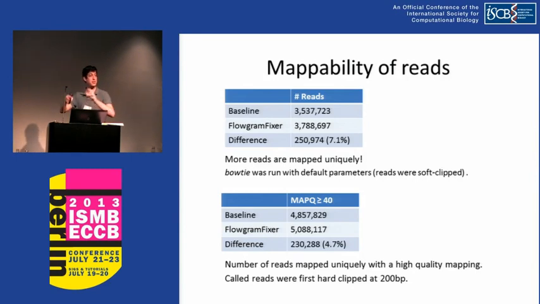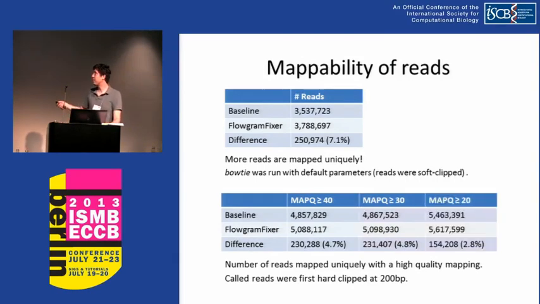At the beginning, it's really easy to call, so this should be an easier problem. And here as well, we have almost 250,000 more reads, even though both methods succeed with more reads. So it's only a 5% improvement with very high quality reads. And the same goes for different map quality thresholds and different length hard clipping thresholds.